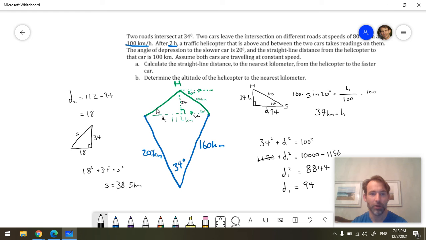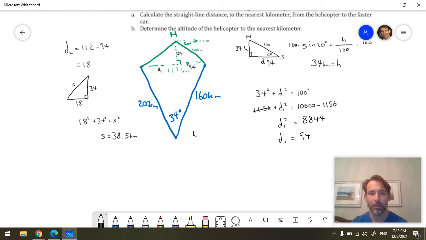Oh, I told you I would show you how I found that, right? So that was cosine law. And that looks like this. We wanted this distance, right? And so we would say we had a triangle. It looks like this. 34 degrees. 200 here. 160 here. And we want this distance, call it W. All right? And now I set that up with cosine law because I have no opposite angle, opposite sides.